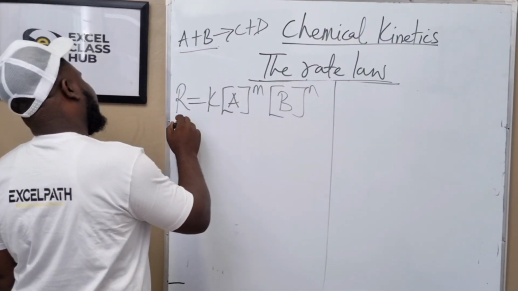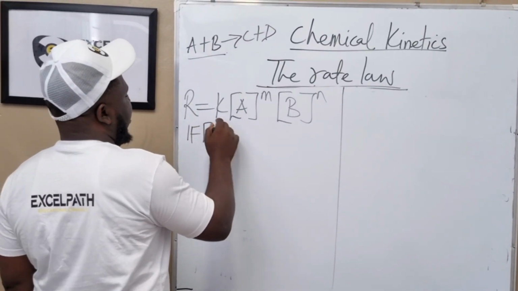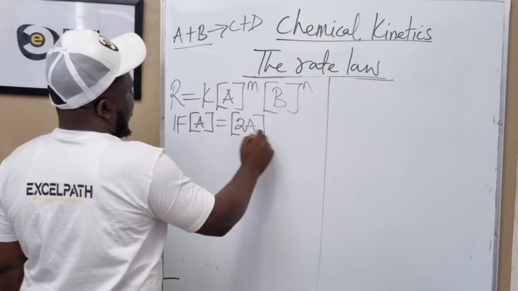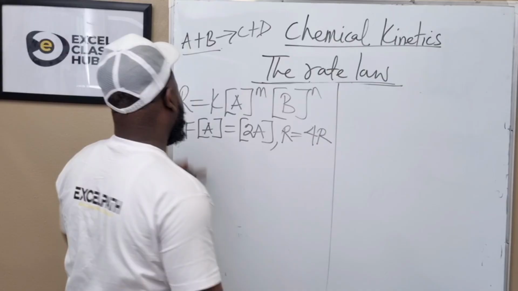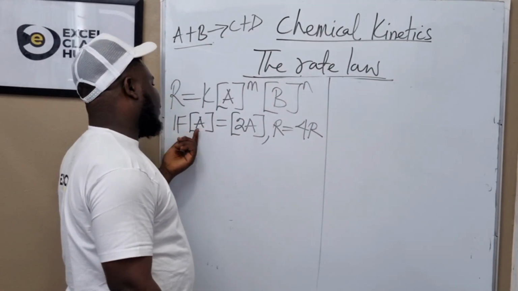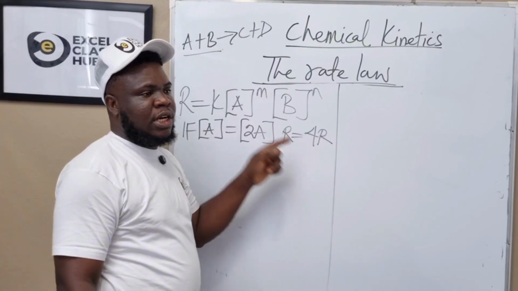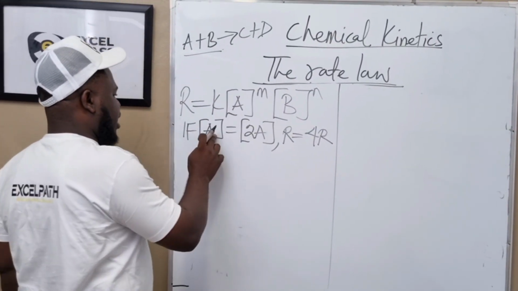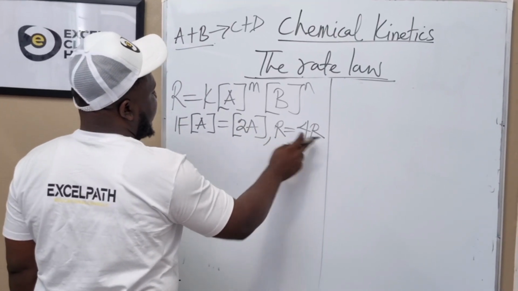According to observation number 1, if the concentration of A is equal to 2A, then R is equal to 4R. That is, if the concentration of A is doubled, then the rate quadrupled. So anywhere we see A, we represent it with 2A. Anywhere we see R, we represent it with 4R.